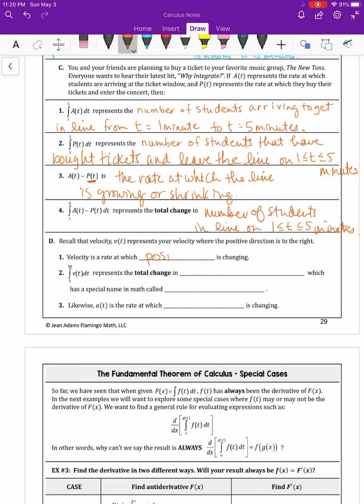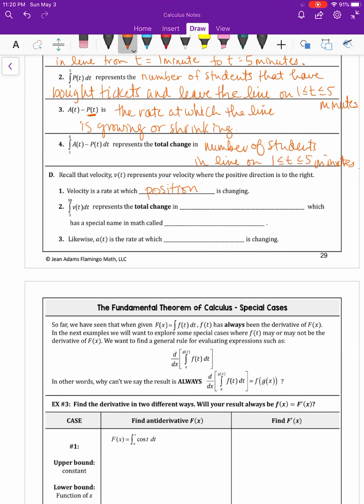So recall that the velocity v of t represents your velocity where the positive direction is to the right. So velocity is the rate at which position is changing.